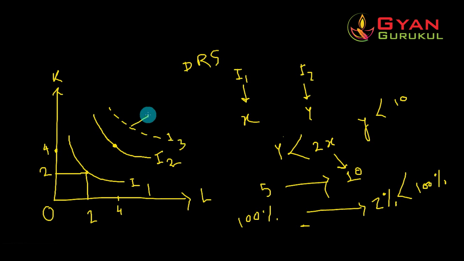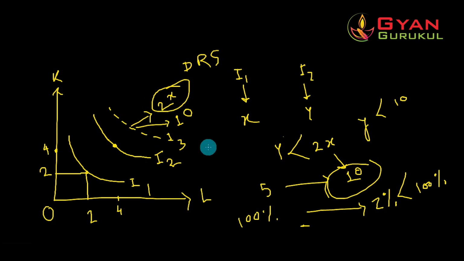Now I3 is the isoquant which represents an output exactly equal to twice X, or a 100% increase in the initial output. If the initial output was 5, when we increase the output by 100%, we get another 5, that means total 10. This isoquant represents output 10, or twice X, right? Clear? So this is called the decreasing returns to scale.